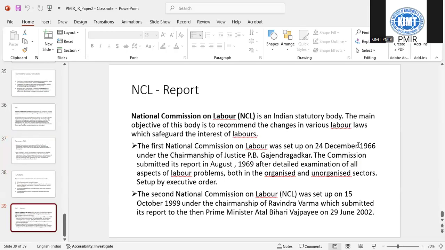We discussed that in the earlier class. The first one, 1966, is under the chairmanship of P.B. Gajendra Gadkar. The second one is in 1999 under the chairmanship of Ravindra Gadkar. These two national commissions were set up after independence.